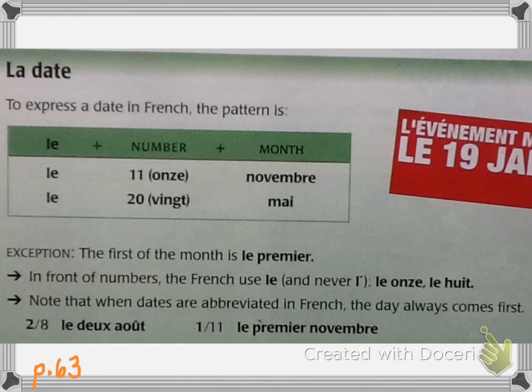Again, remember the French date is always le, the number, and then the month. Exception for the first, we don't use the number for one, we use le premier. We don't do any L apostrophes.